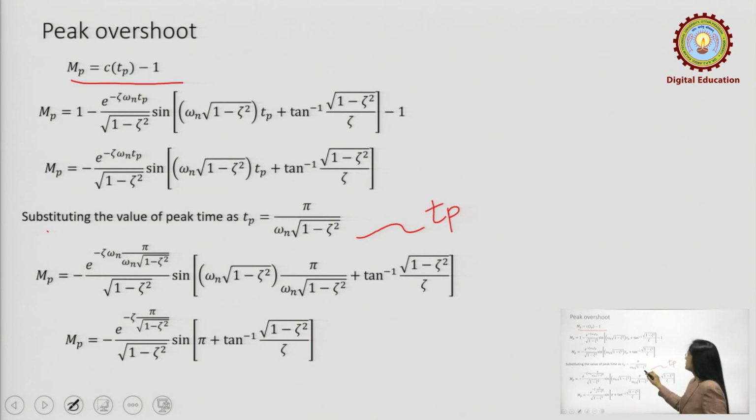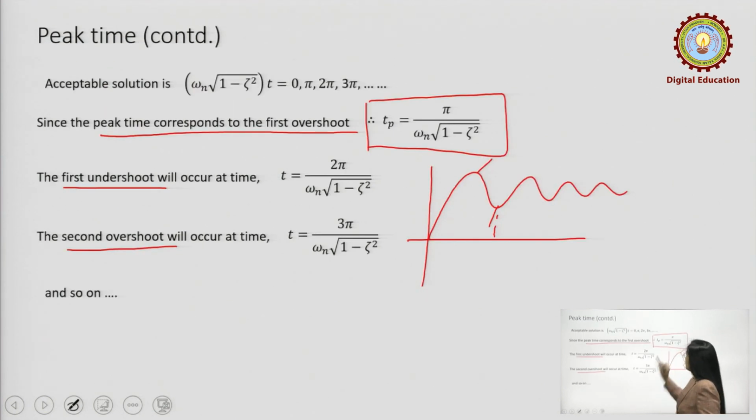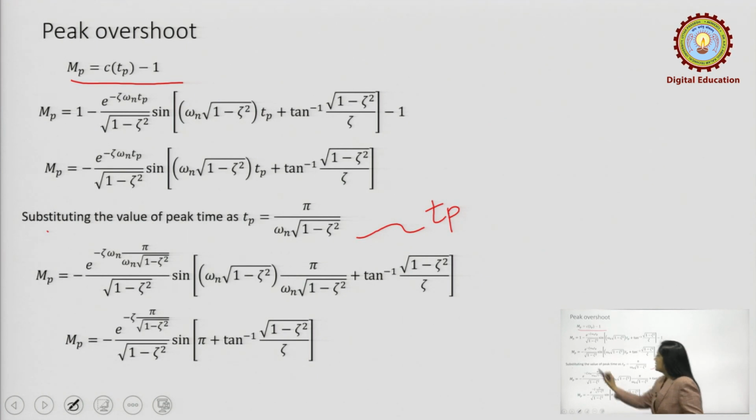We are subtracting 1, so we have a negative sign here, and substituting the value of Tp as pi upon omega n root of 1 minus zeta square, as obtained previously. So this time is now pi upon omega n root of 1 minus zeta square, and correspondingly again substituting the value of Tp here.